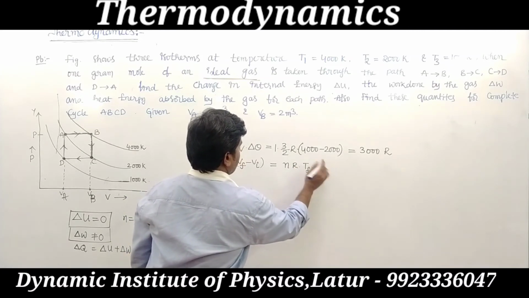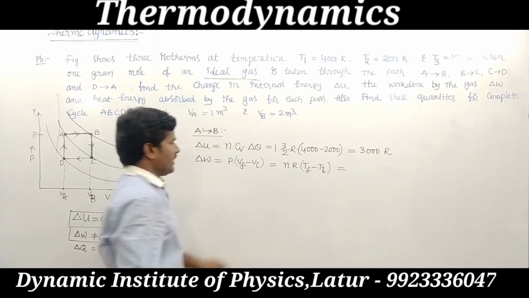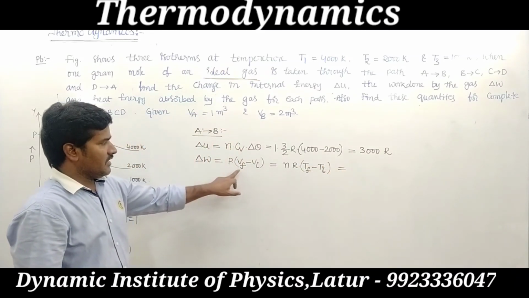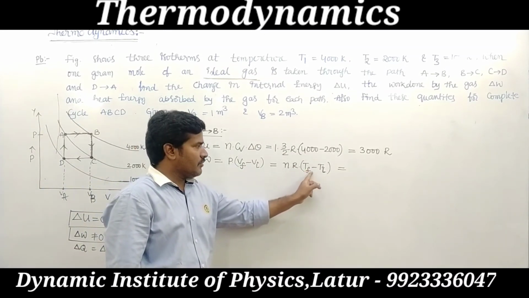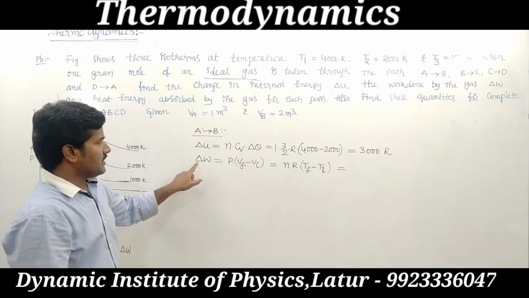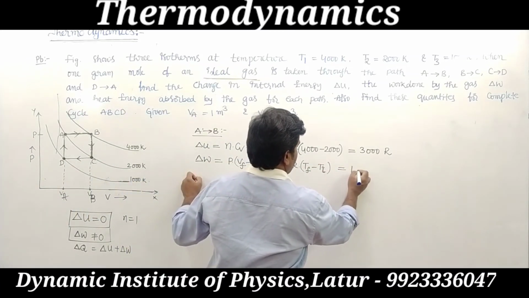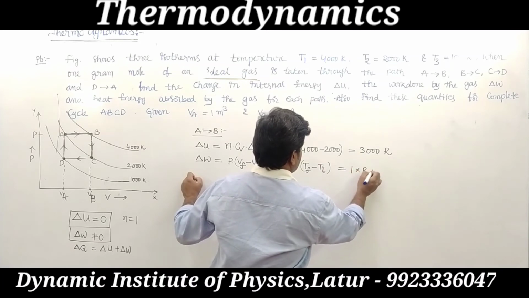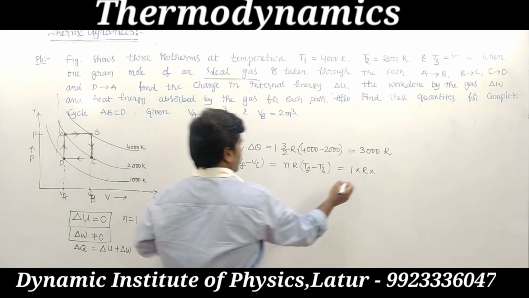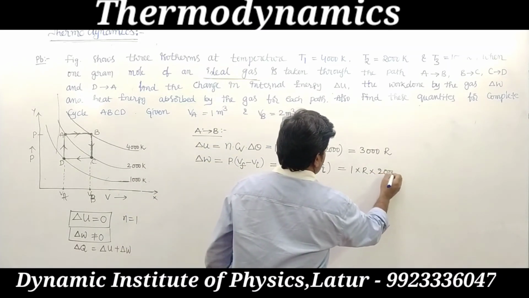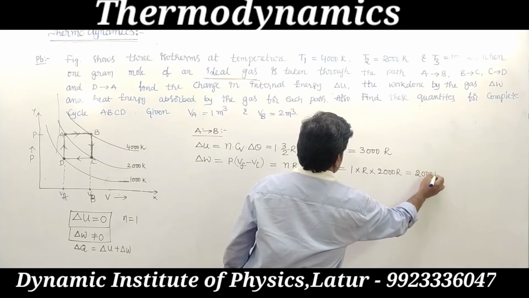So work done equals 1 mole into R into temperature change: final temperature 4000, initial temperature 2000. Its value equals 2000 R.